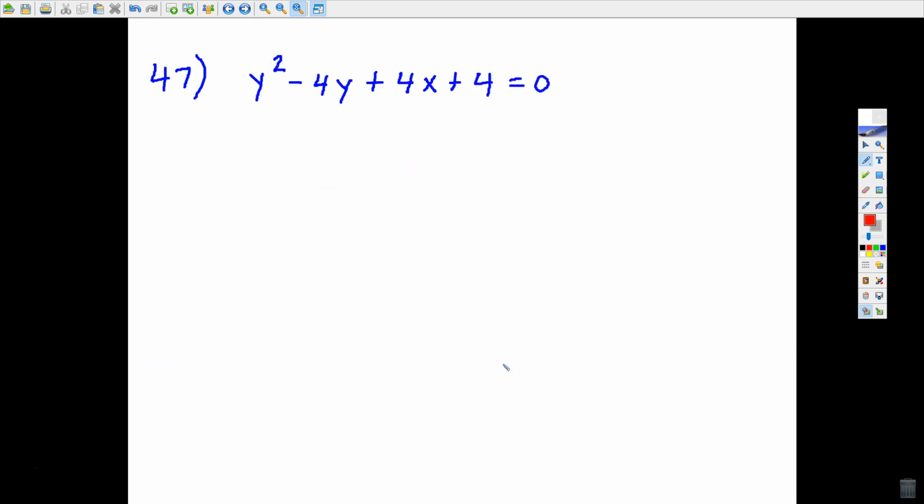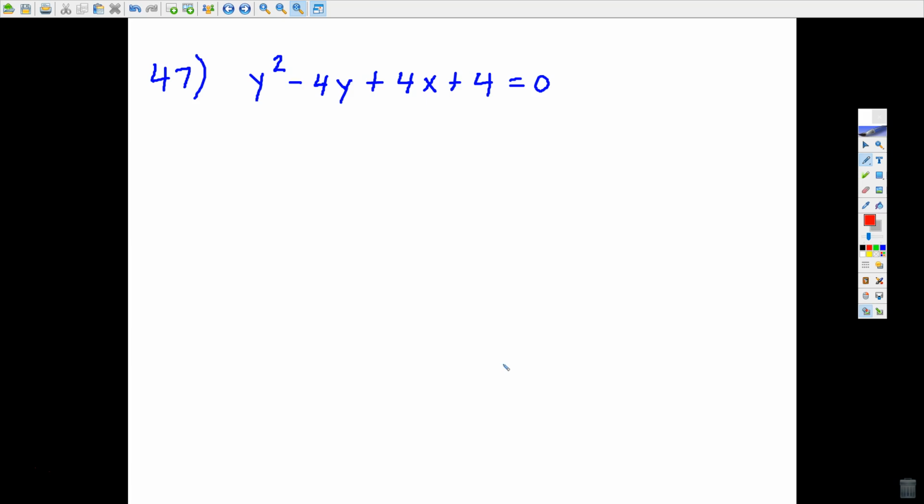Let's try one where we've got to complete the square. Right now we don't have vertex form, and we want to create vertex form because it's much easier to graph out of. So whatever the higher degree variable is, that's the variable we're going to complete the square on.